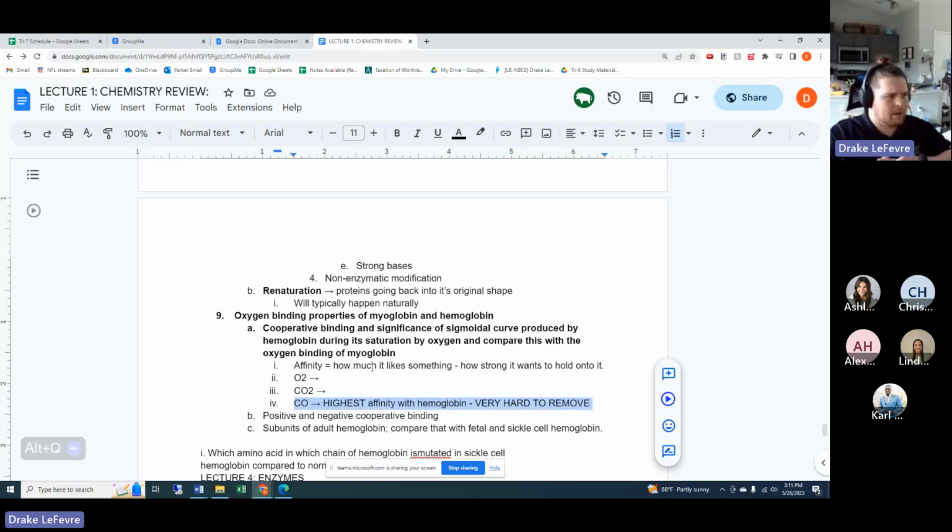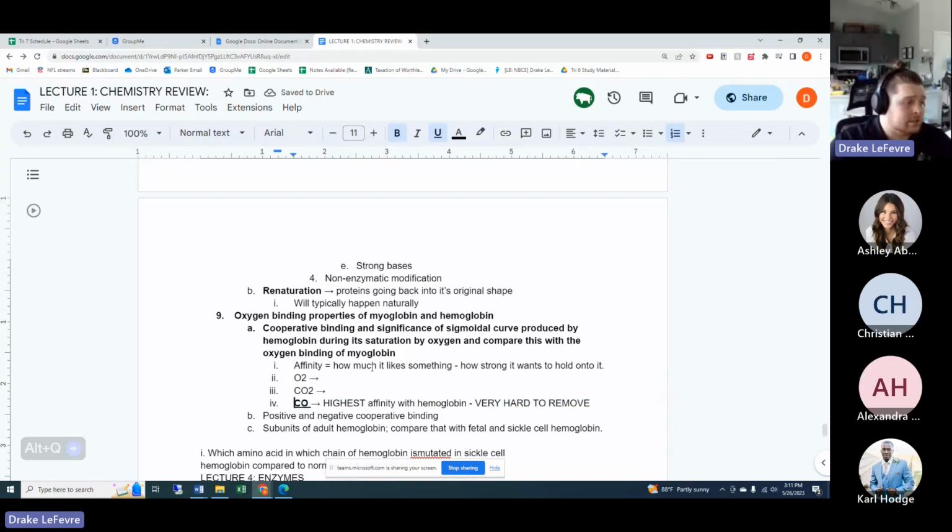This is why carbon monoxide poisoning, which you hear a lot about, kills a lot of people. Carbon monoxide binds to hemoglobin and prevents oxygen transfer because it binds with such high affinity, so it will not let go. So yeah, bad stuff.